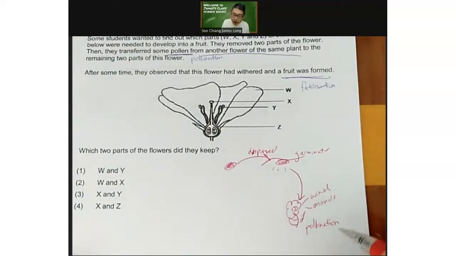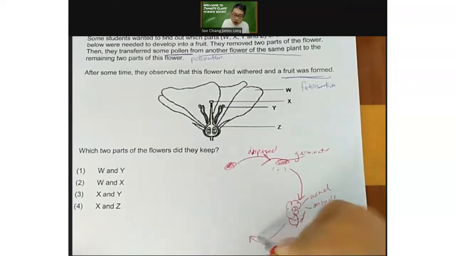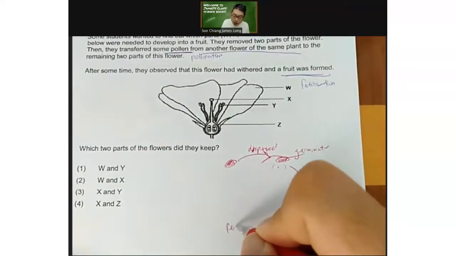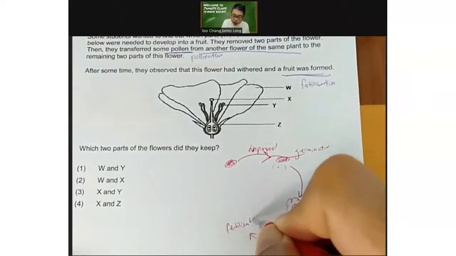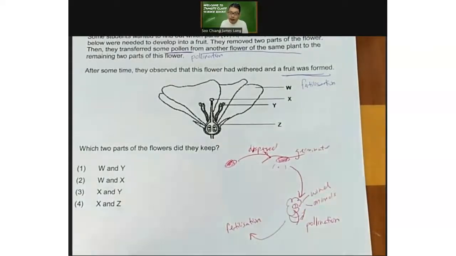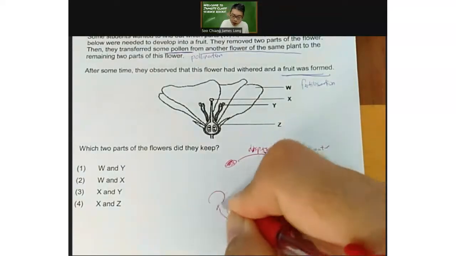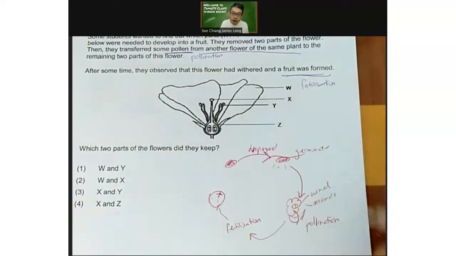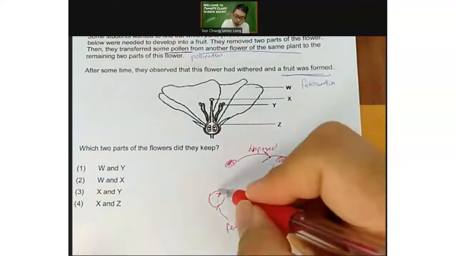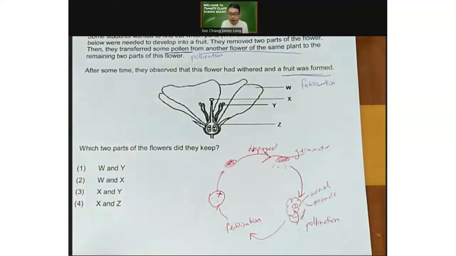And if pollination is successful, you will go on to fertilization. That's when the fruit starts to form, the ovaries start to swell, the ovules become seeds. And when that happens, you have your fruit forming. And your fruit forms, animals eat it, and they will disperse it.